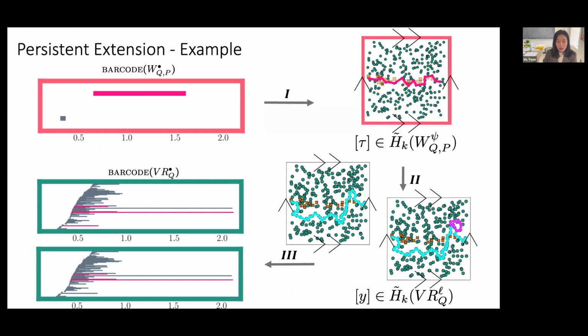Now, when you look at the highlighted bars in the bottom, you'll notice that both of these highlight one of the long bars, and it's going to also highlight some of these shorter bars as well.